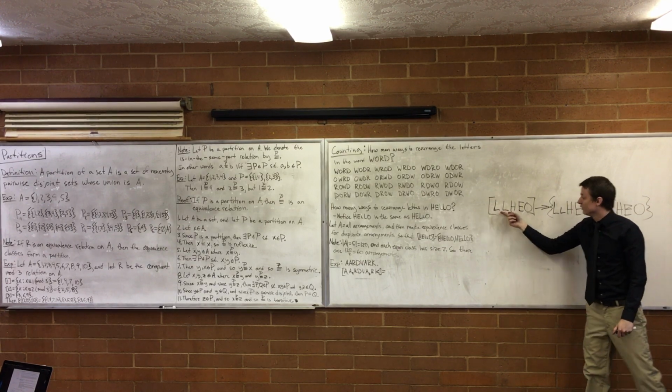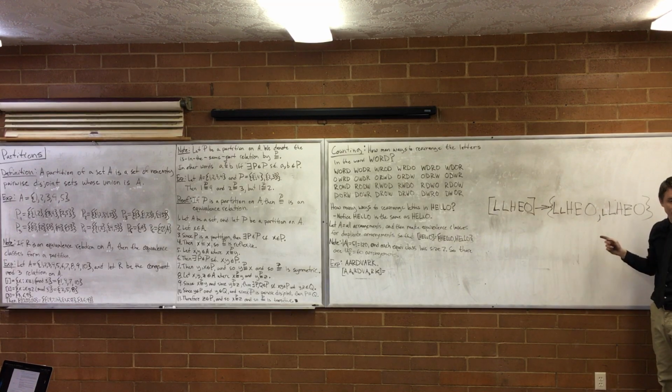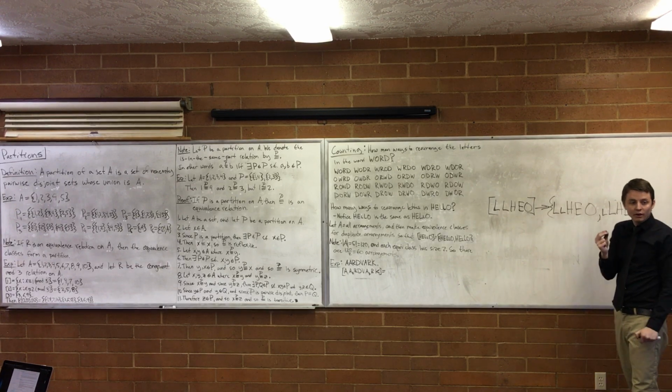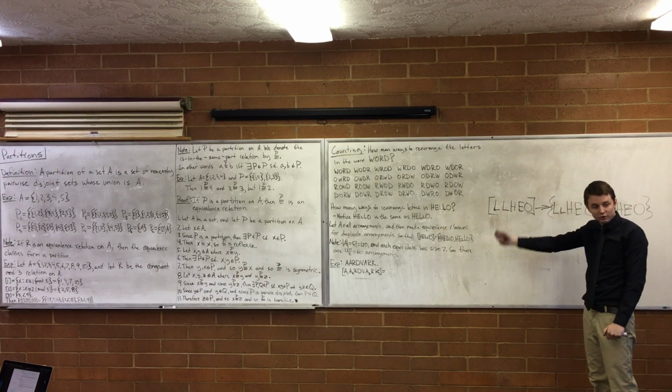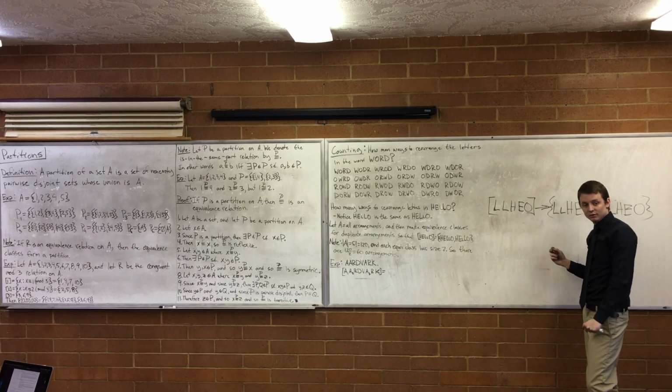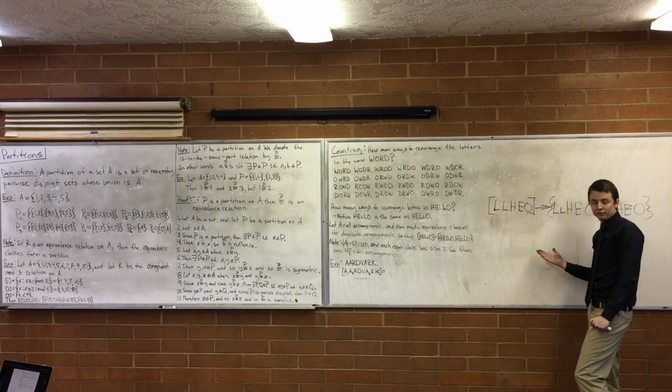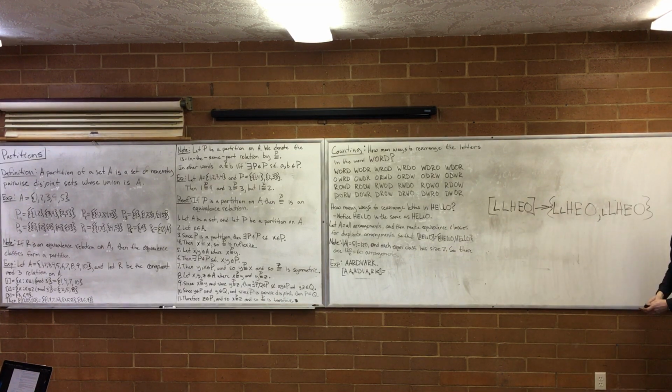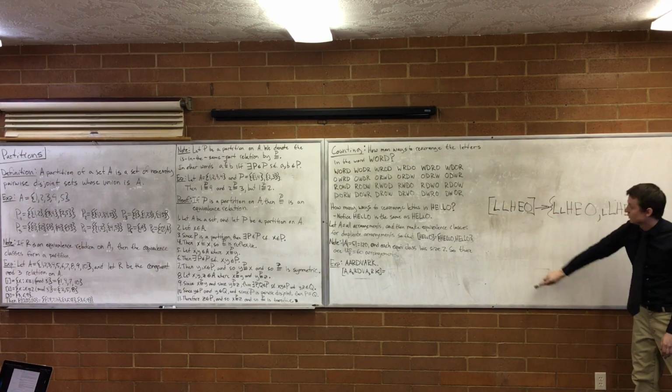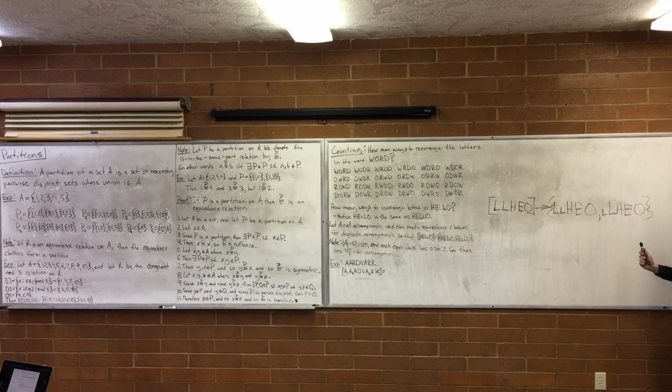And then how many of them actually do give me the same word? 2. So gives me the same word is my equivalence relation. And when I apply that equivalence relation to the set, then I'm counting equivalence classes. I'd have 60 equivalence classes. I would have 60 of these that give me 2 different arrangements each time.